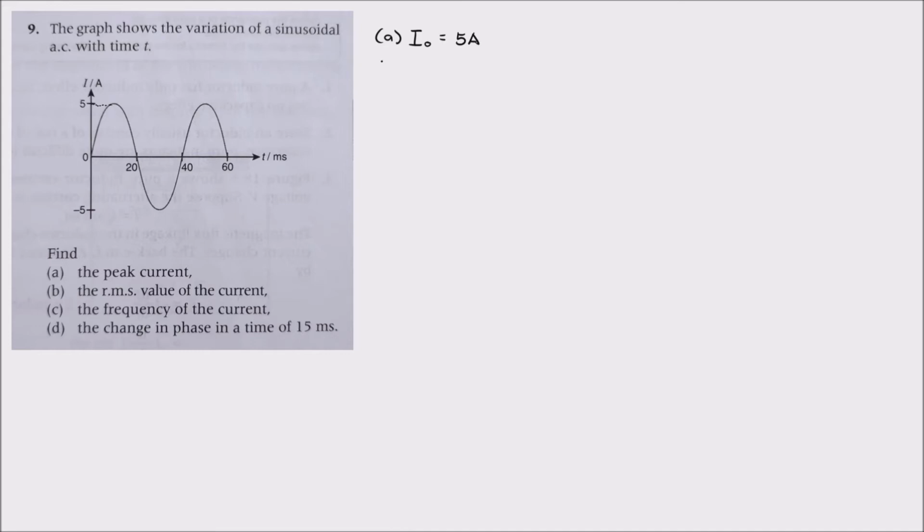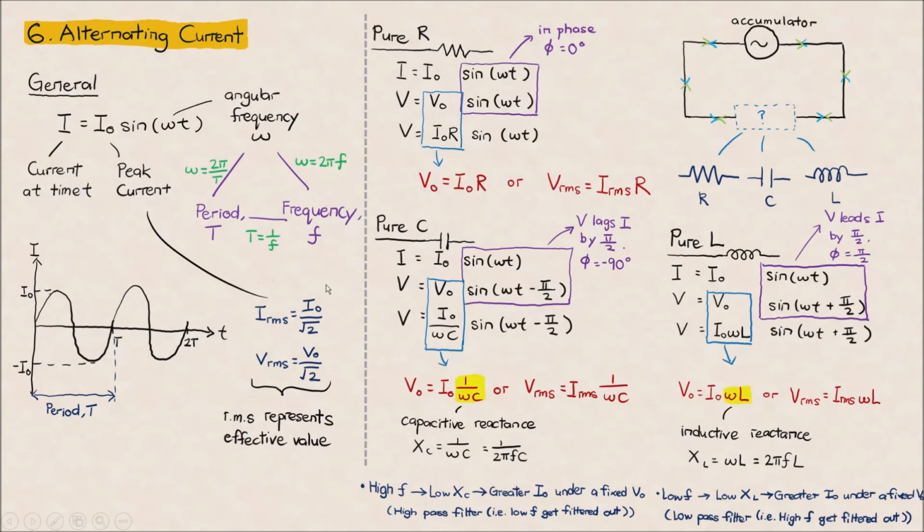Second question, what's the RMS value of the current? RMS value will be somewhere around here. This will be our IRMS, but it's not something that you can determine from a graph straight away. In order to determine the RMS value, you need to relate it to the formula that we learned in the previous slide. This formula relates I naught and IRMS.